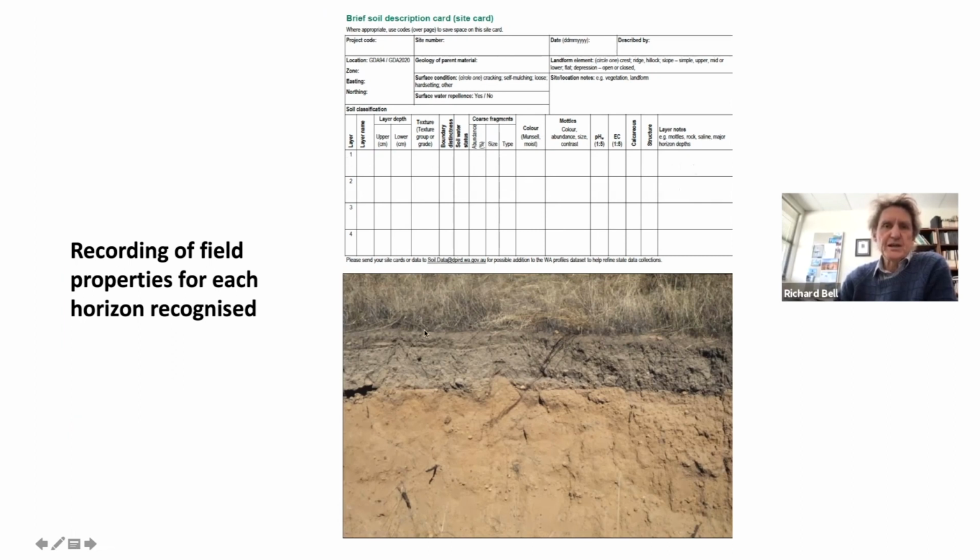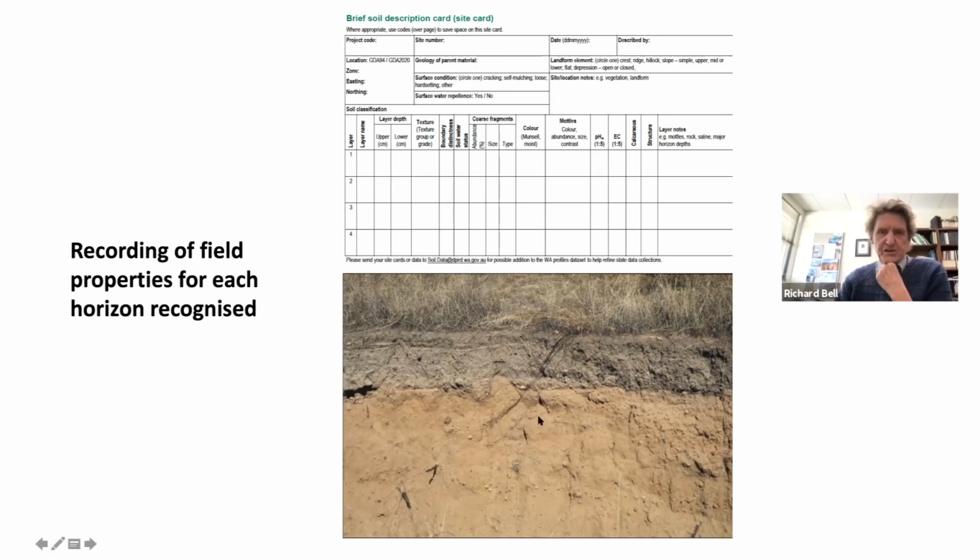You do that layer by layer, but also recording some properties of the landscape, where it occurs. Is it on a hilltop? Is it in a depression? Is it on a slope? What's the nature of the surface? Is there water repellence? Can you identify the parent rock or the parent material?